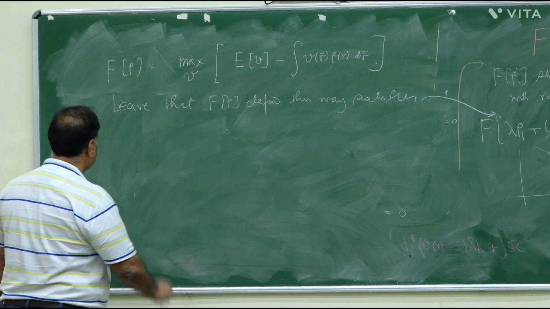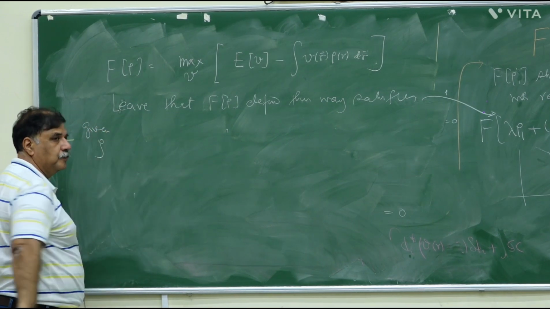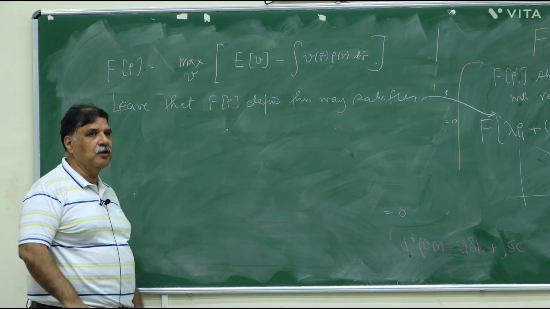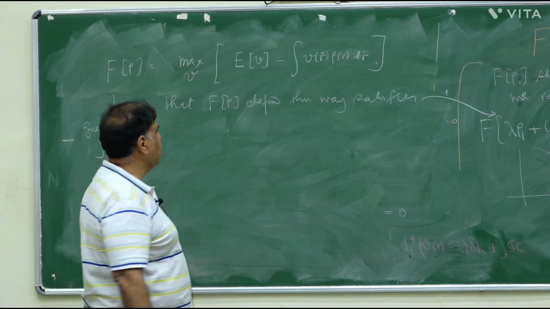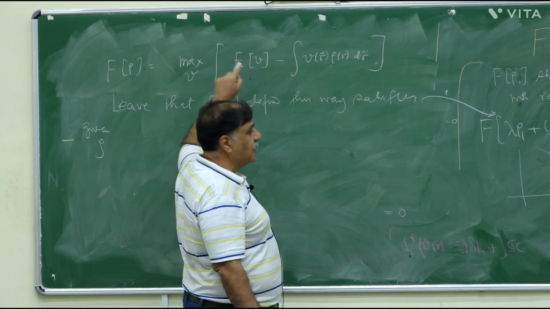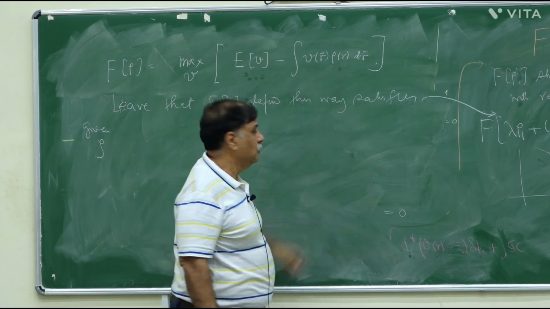Alright? Now, what does this tell me? What I'm doing is, given a density rho, I'm solving the problem exactly for different V's and finding this. The V that maximizes this is the correct V for that rho.